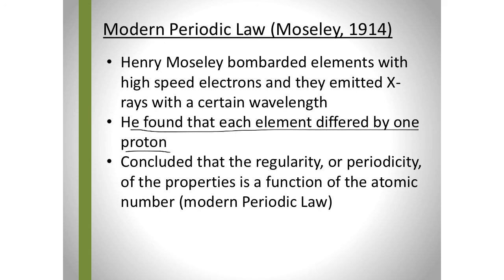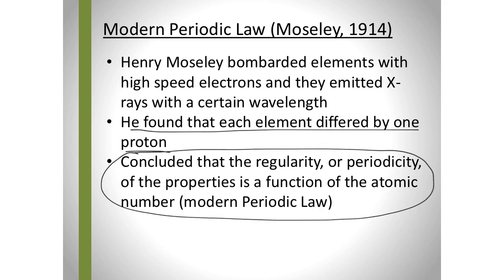So he rearranged Mendeleev's table and said that protons was a better arrangement than mass, because mass didn't always go up by even increments, and then concluded that the regularity of properties is a function of their atomic number, and that is our modern periodic law.